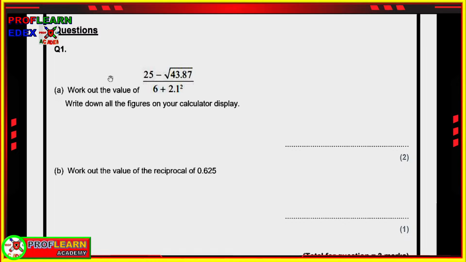We're going to work out the value of 25 multiplied by the square root of 4.87 over 6 plus 2.1, then you square that.